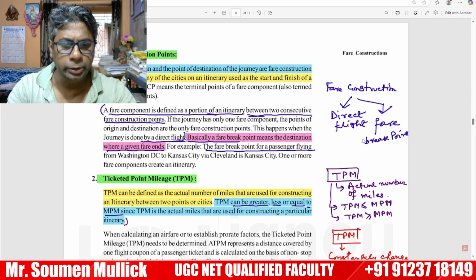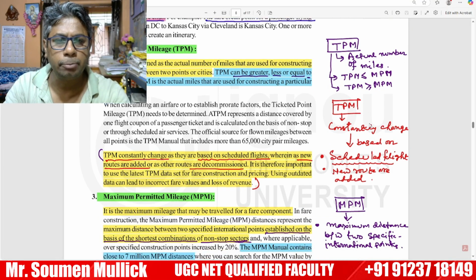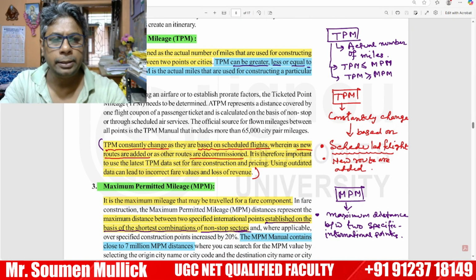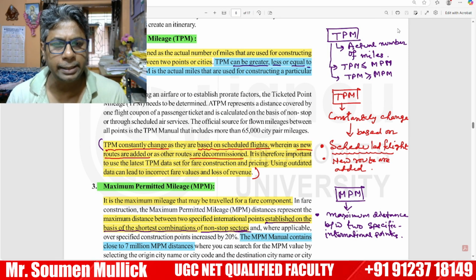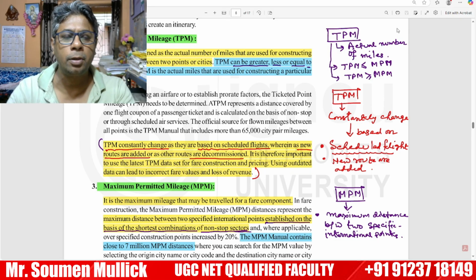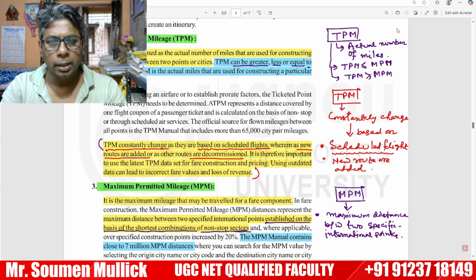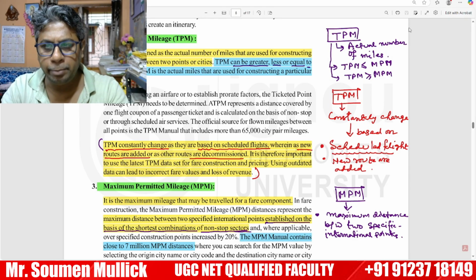Second, number two, ticket point mileage. What is ticket point mileage? TPM can be defined as the actual number of miles that are used for constructing an itinerary between two points or cities.